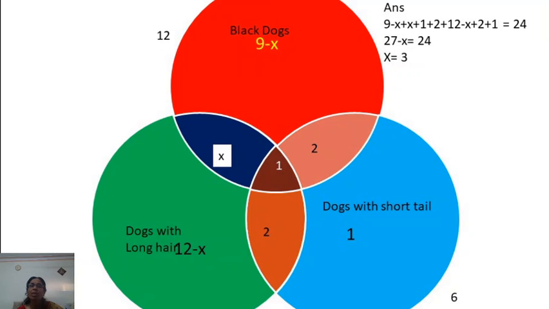Adding all this, we get 27 minus x equal to 24, and we get x equal to 3. So this is our answer. There are a total of 3 dogs that are black and have long hair but do not have a short tail. Okay, then next question.